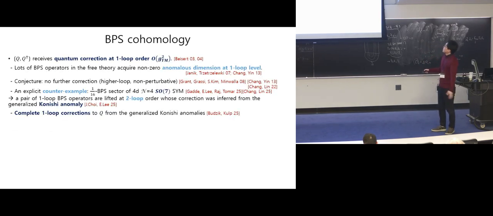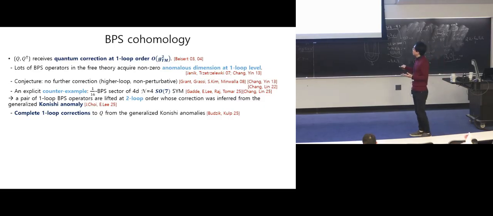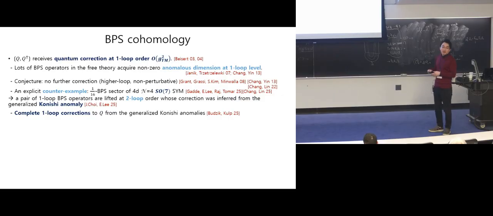As you heard many times today, these supercharges receive quantum corrections, firstly at one loop order, meaning that lots of BPS operators we constructed in the free theory acquire non-zero anomalous dimension at one loop level. And the conjecture was that there would be no further corrections at higher loop and non-perturbatively, but as beautifully reviewed by Qiming's talk today, recently people found an explicit counterexample.